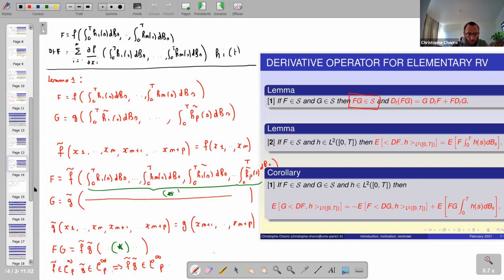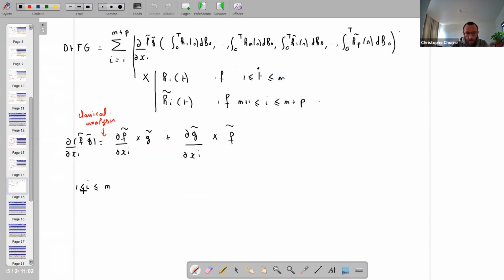So for i between 1 and n, I have the following. The partial derivative with respect to xi of f tilde j tilde is equal to what? Here, it's simply the derivative of f over dxi multiplied by j tilde, plus 0 multiplied by f tilde. So I have simply this term.